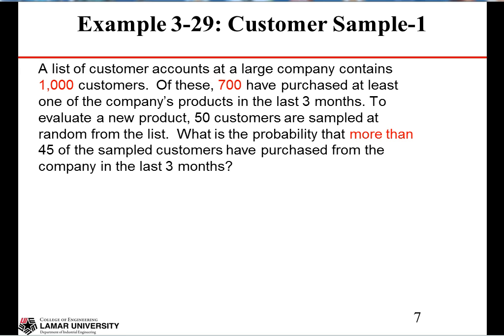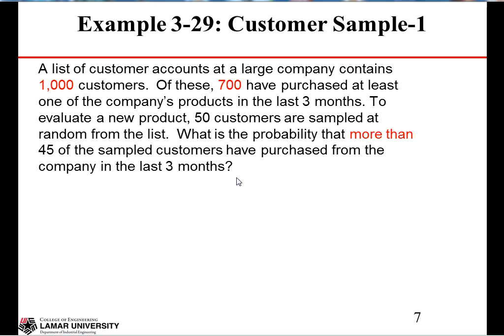To evaluate a new product, 50 customers are sampled randomly from the list. So they just randomly draw 50 out of the total of 1,000 customers in the database, and the question is, what's the probability that more than 45 of the sample customers have purchased from the company in the last 3 months?